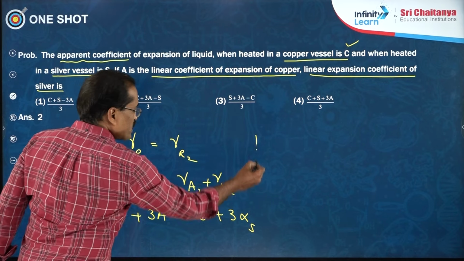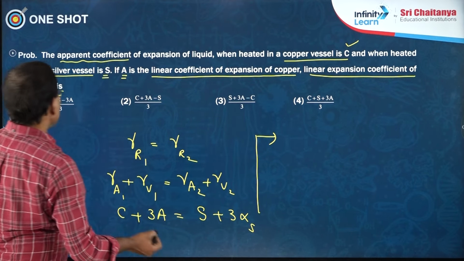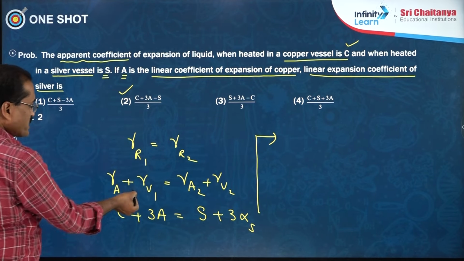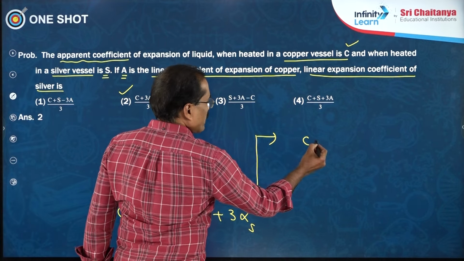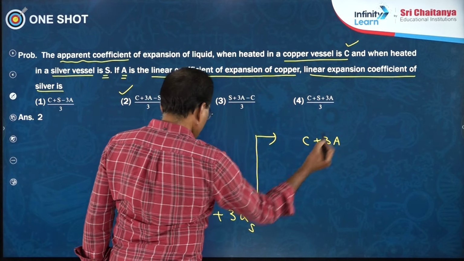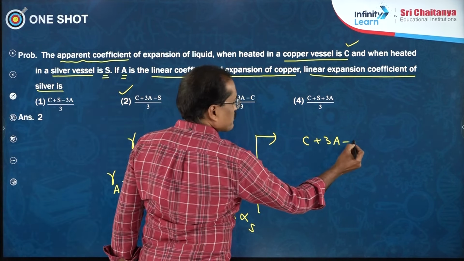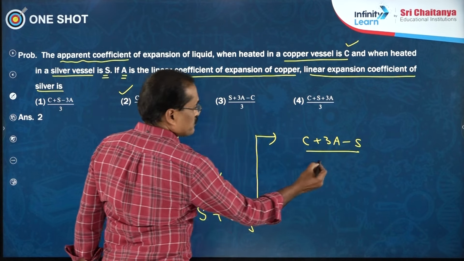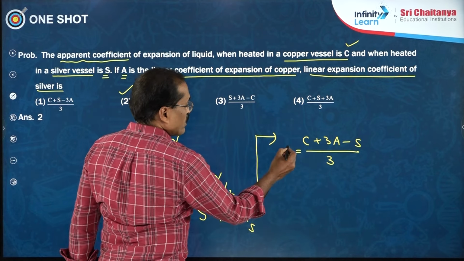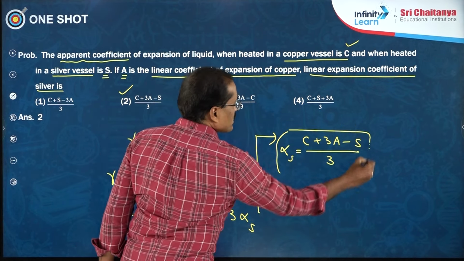Now you can do this calculation, and you are going to get the answer: C plus 3A minus S, divided by 3, is equal to alpha S. Just observe.